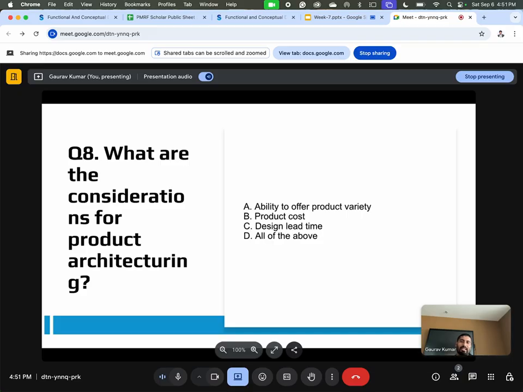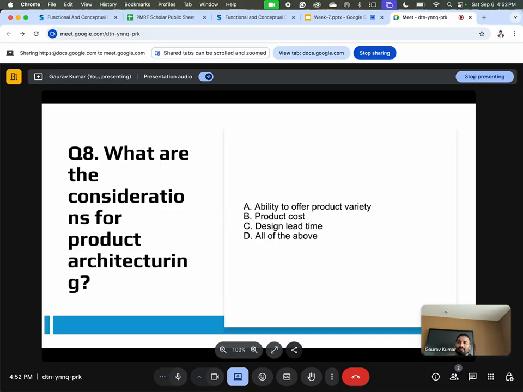Complex, rigid architecture often delays product development, and simpler modular structures speed up the process. Hence, ability to offer variety, cost, and design time together define effective architecture. Ignoring one of them weakens competitiveness in the market.